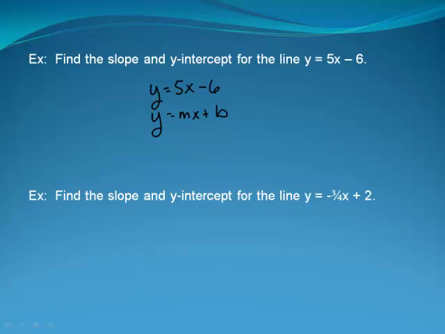So since this equation is in y equals mx plus b form, and the reason I know that is it's isolated the y, I can look at that value, and the slope is always the coefficient, or the number in front of the x, and the b value is always the constant that's on the same side as the x. You want to make sure you carry the sign.